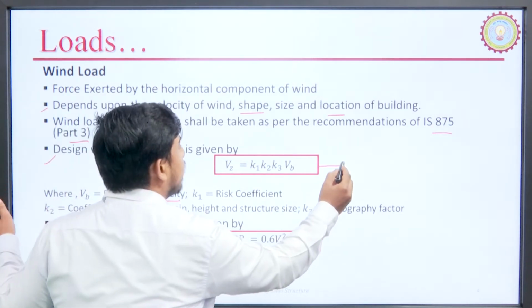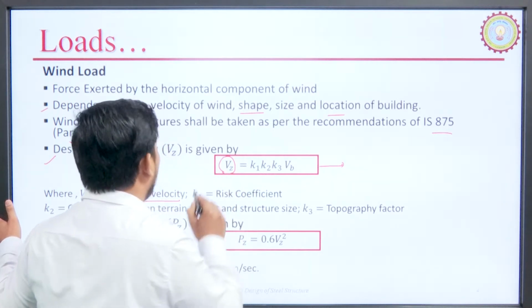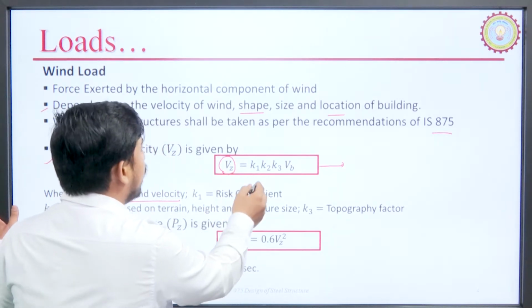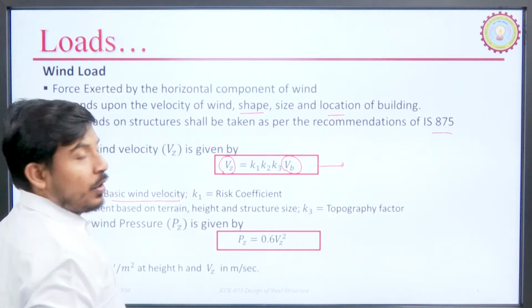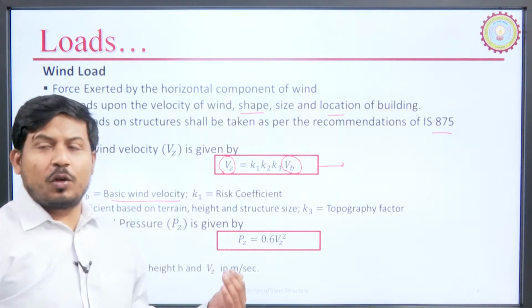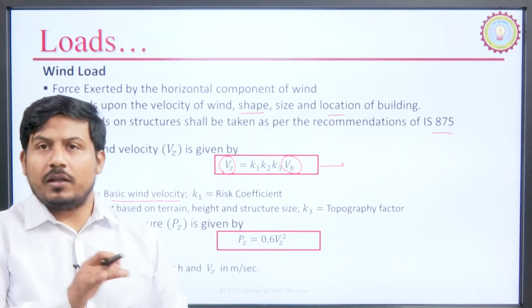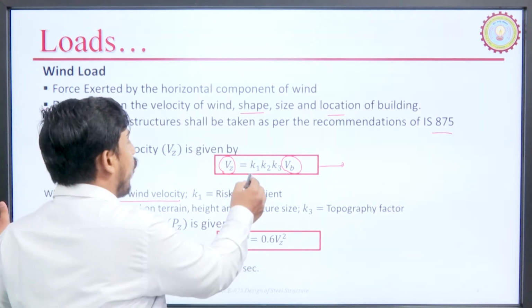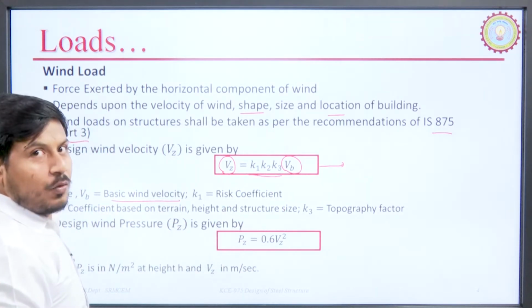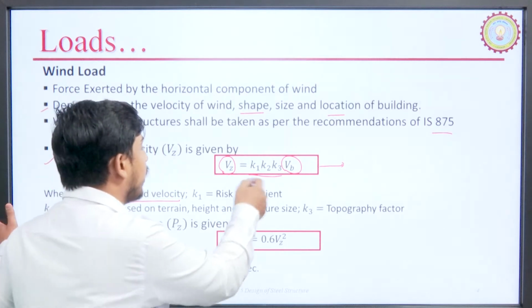From this equation we can see that design wind velocity, that is Vz, is proportional to the Vb. Vb is what? Basic wind velocity. The value of basic wind velocity will be given to us in the questions, and there are some coefficients in this equation we can also see. There is K1, K2 and K3.